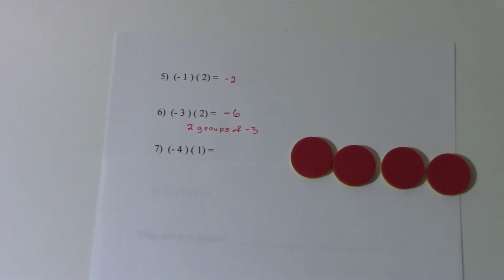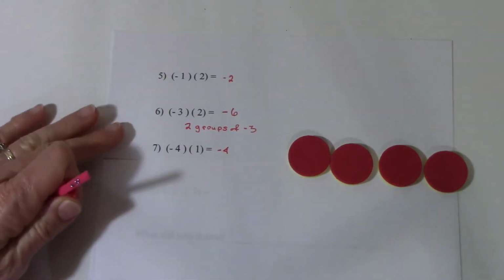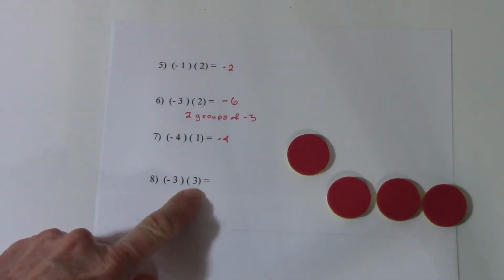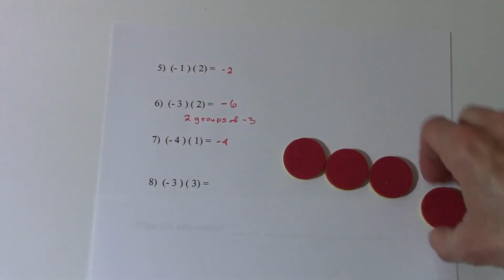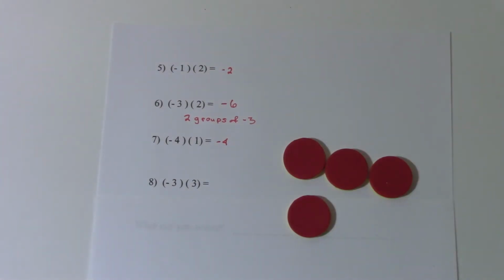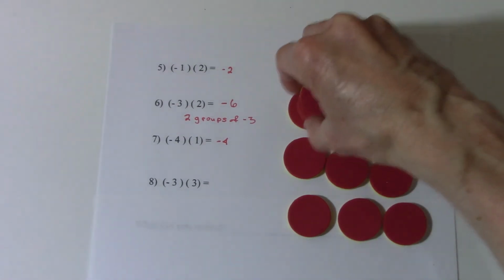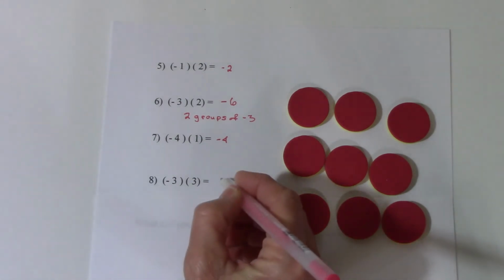Some of you may have already noticed a pattern here. And the next problem, I want 3 groups of negative 3. And so here you can see that I have a positive number of groups of a negative number, and my answer is negative.